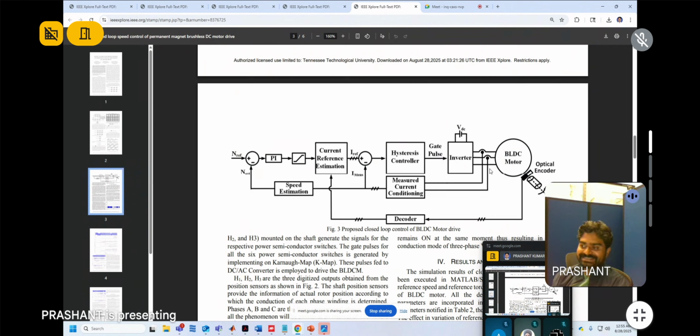You might have seen a disk that we feed in a laptop or computer to see any movie. So this is just like a disk, and on that disk, at a separation of exactly 120 degrees electrically apart, three positions are made. So if we are separating by 120 degrees, then there will be three Hall sensors.